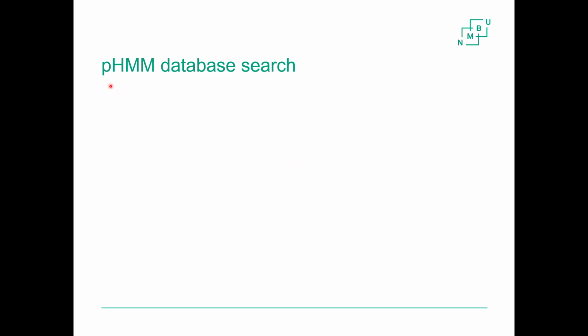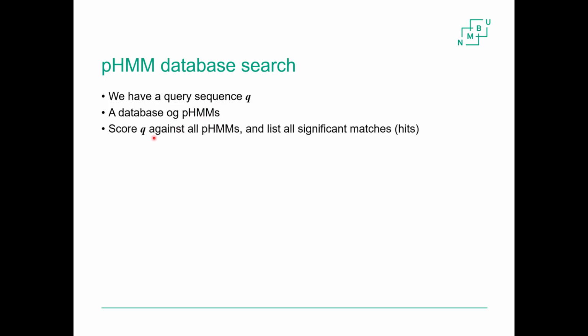Okay, so when we have a PHMM of this kind, how do we actually search with our sequence? Well, we have a query sequence Q, which could be an ordinary DNA sequence. We have a database of a number of these profile hidden Markov models. Then we take this Q and score it against every single PHMM, and list all the PHMMs that we got a good score against.